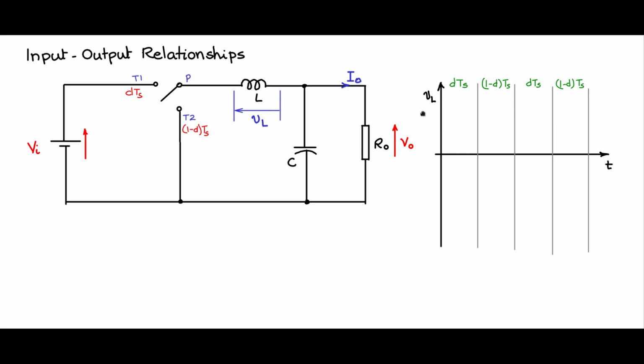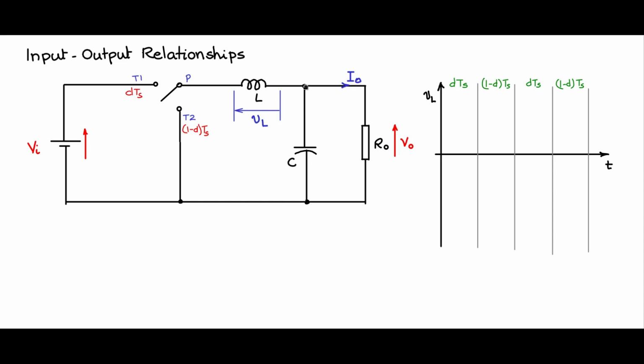Now let us look at the voltage waveform across the inductor. During the dTs period, the pole is connected to T1 and Vp is equal to Vi. On this side of the inductor, in the steady state, this is V0. So in the steady state, the capacitor would have charged up.